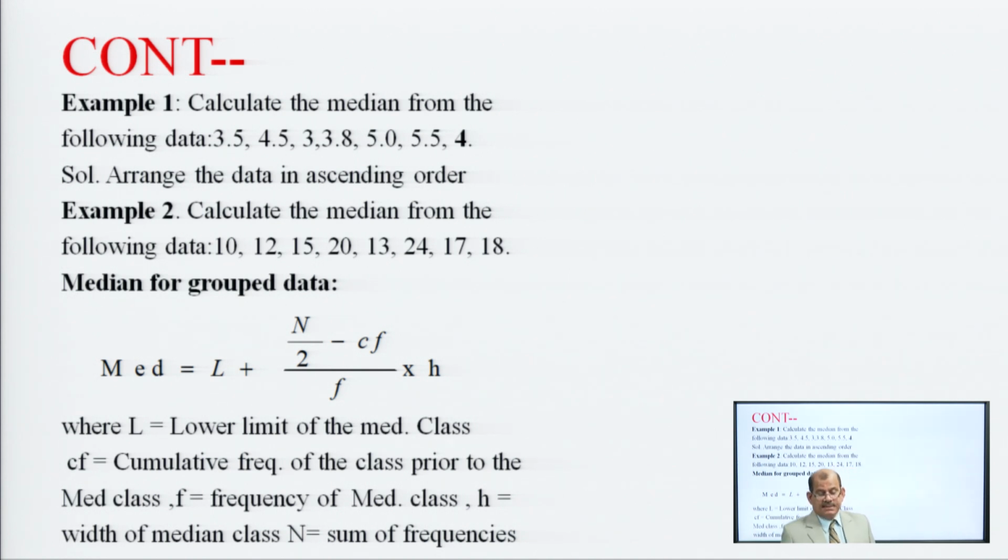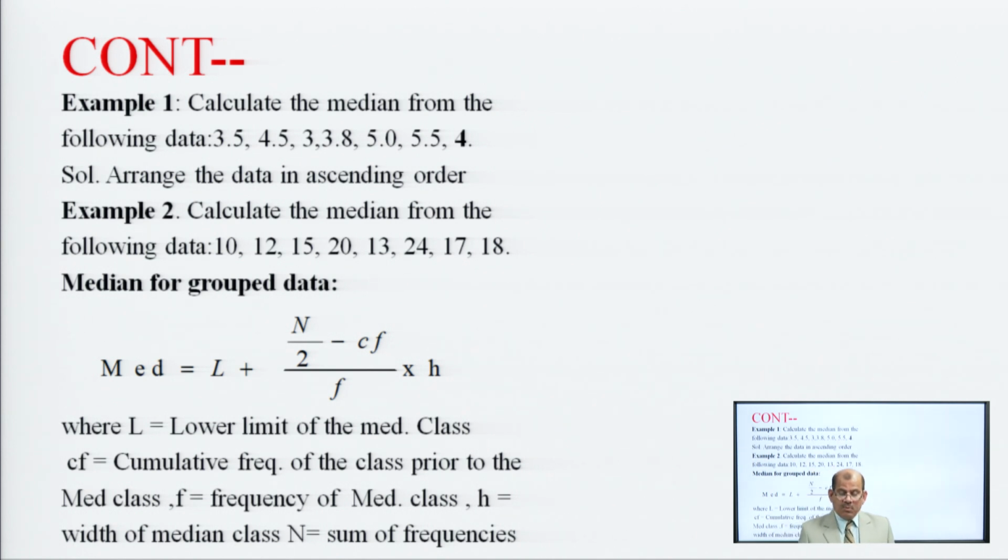We have to arrange the given data into ascending order, and we have 7 items. 4 is the median, because the given data is in odd numbers.